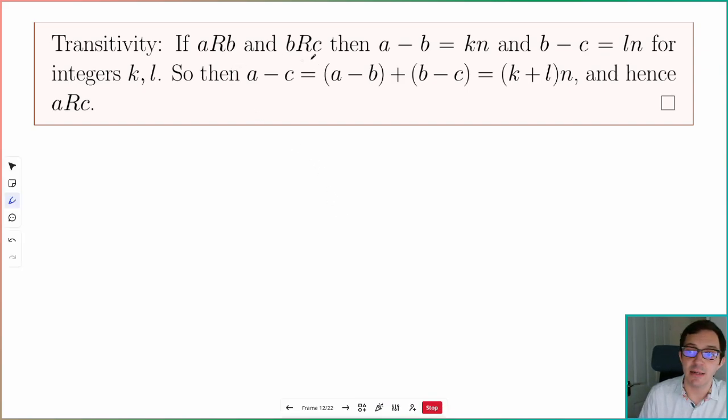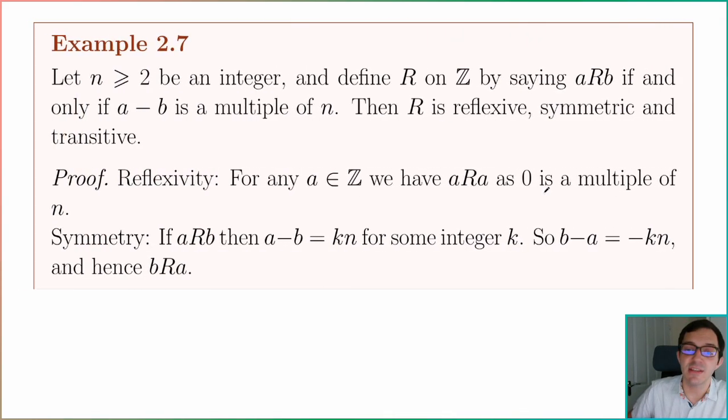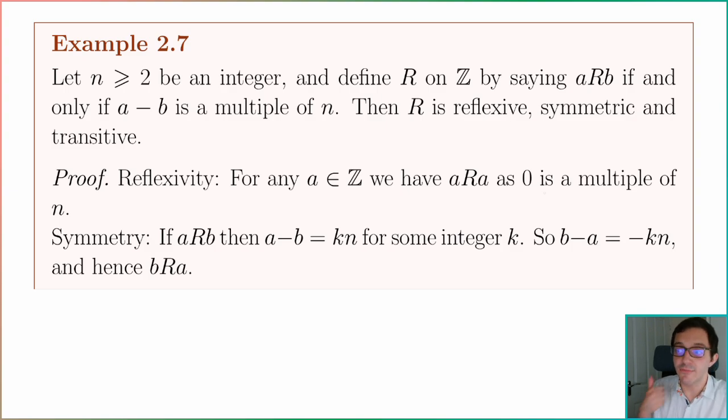If a is related to b and b is related to c, then we have 2 facts, and I propose that we add them together to cancel the b's. If we do that, then we get a minus c, and we get a beautiful multiple of n, and we conclude that a really is related to c. So we have a relation, defined using differences, which is reflexive, symmetric, and transitive.